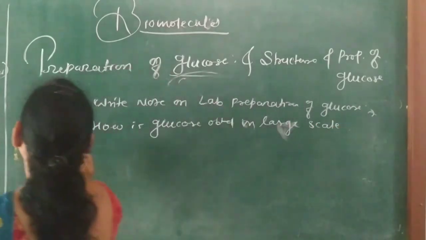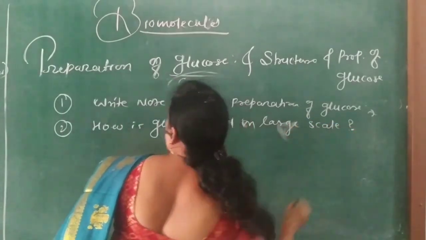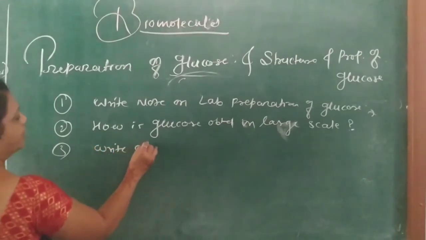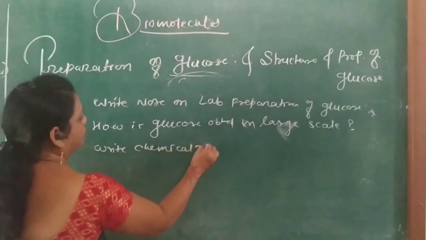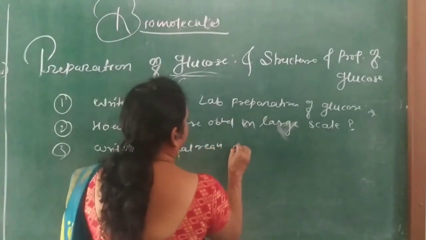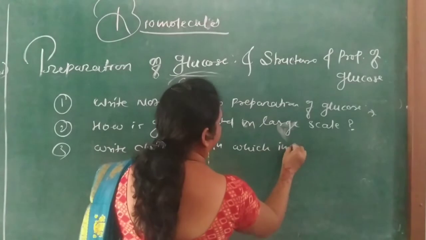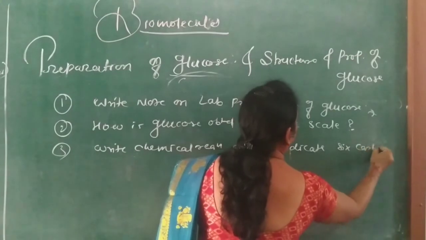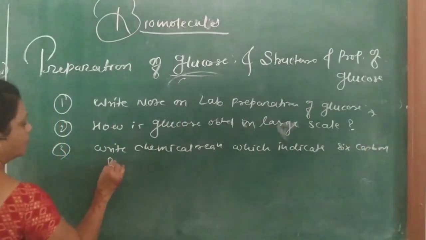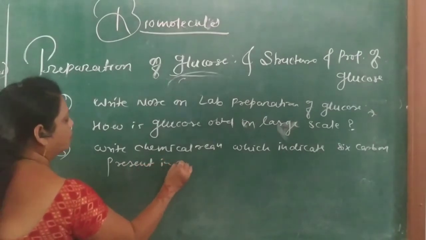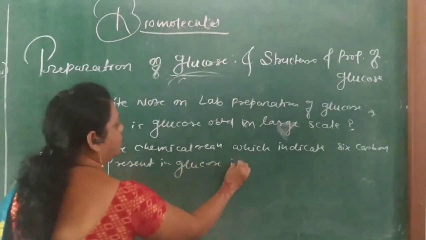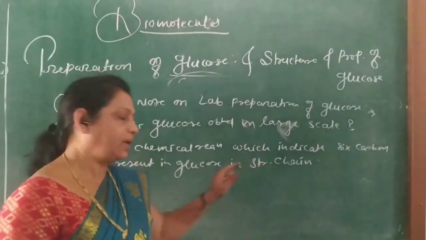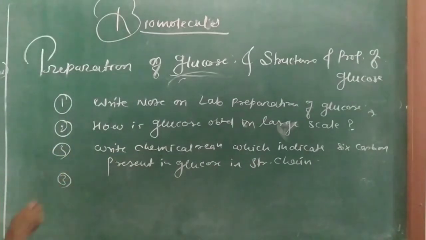Okay, then third one, write chemical reaction which indicates 6 carbon present in glucose in straight chain. Means here action of HI. Okay.